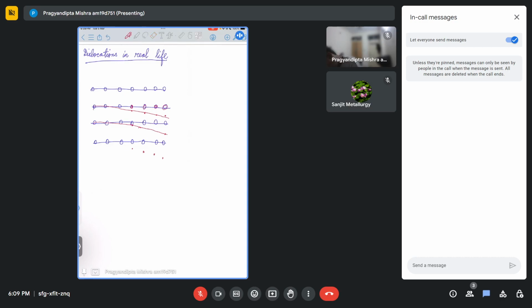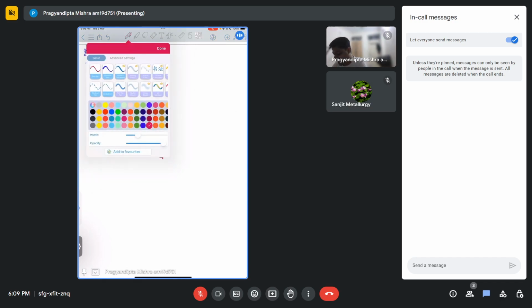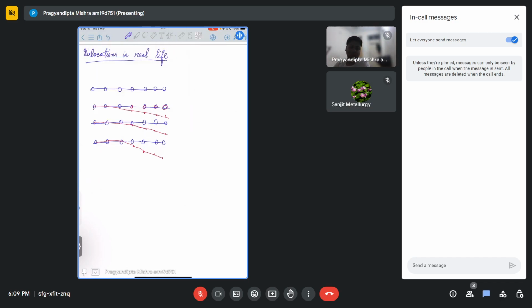Let's draw it. Okay. So this is how the dislocation will manifest in materials that you will see around you. If you observe them under microscopy, you will see this kind of dislocation.